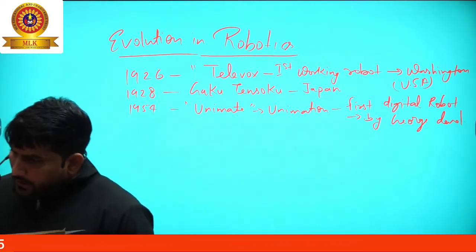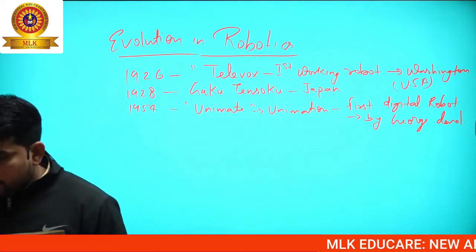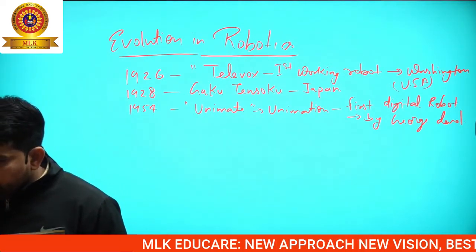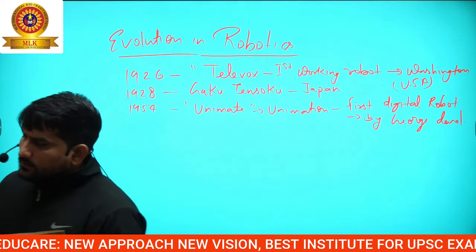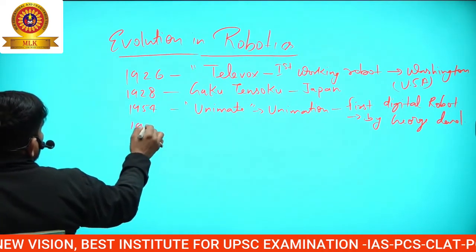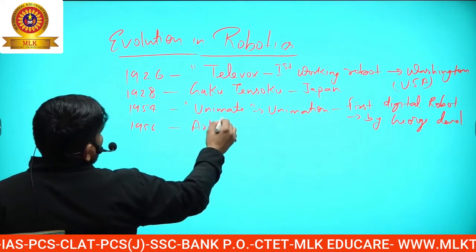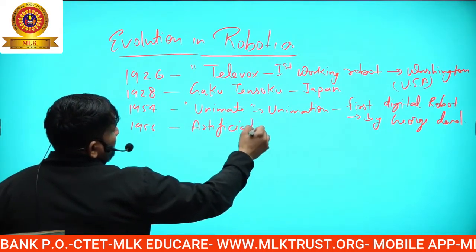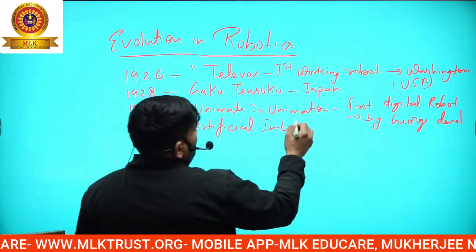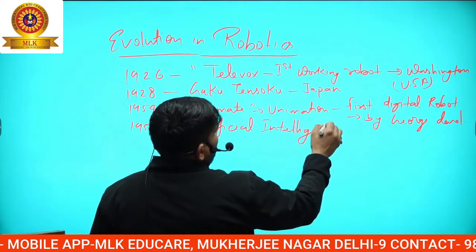Okay. Then in the year of 1956, there is the introduction of the artificial intelligence. ठीक है, artificial intelligence. Okay.